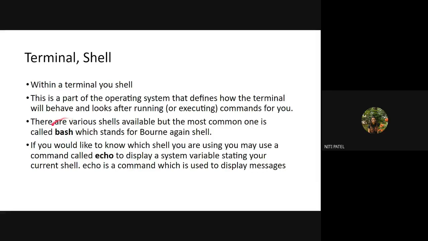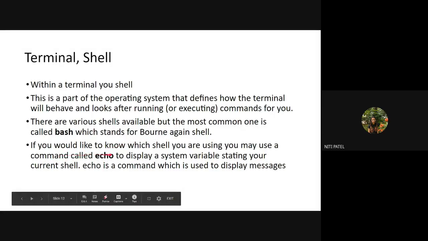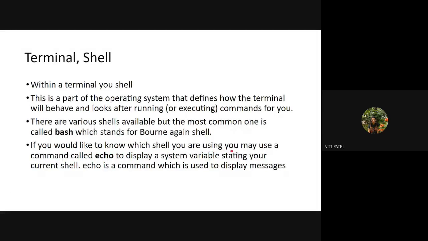So what is that bash called? It is called Bourne Again. Why is it called Bourne Again? Because it was used from the Unix version. That means first Unix made it, after that Linux used it. Therefore, we have called it Bourne Again. Clear? If you would like to know which shell you are using, you may use a command called echo.